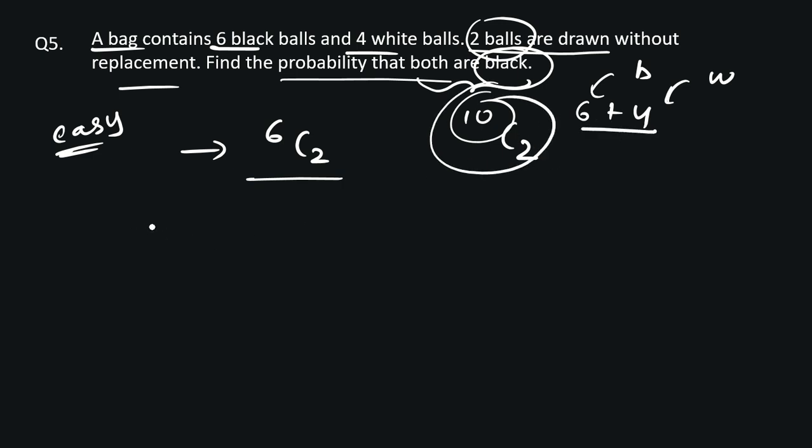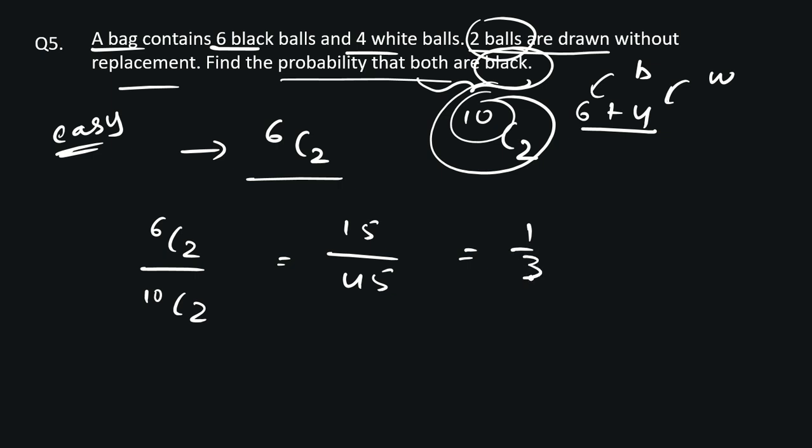So the probability is favorable outcomes by total outcomes, 10C2. If we solve this, 6C2 is 15 and 10C2 is 45. The answer is 1 by 3. So the solution for this question is 1 by 3.